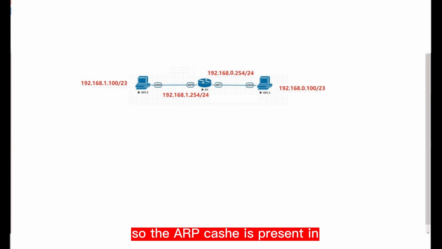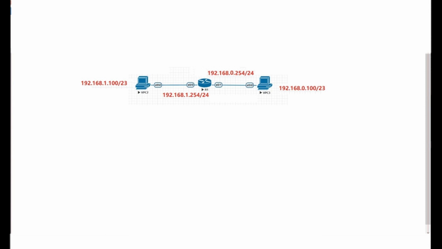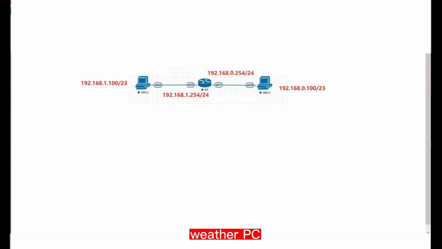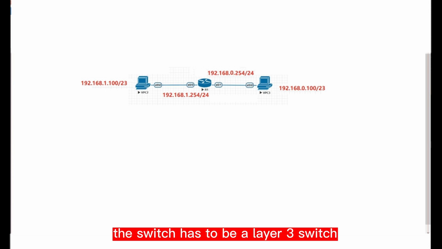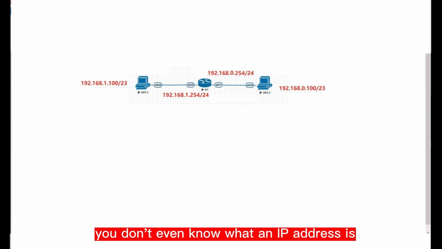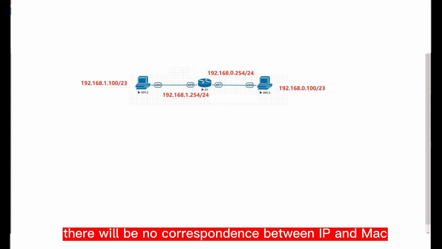So the ARP cache is present on all devices that will communicate over the network. Whether PC, router, firewall, or switch, all have an ARP cache. Certainly, the switch has to be a layer 3 switch. Otherwise, it doesn't even know what an IP address is, and there will be no correspondence between IP and MAC.